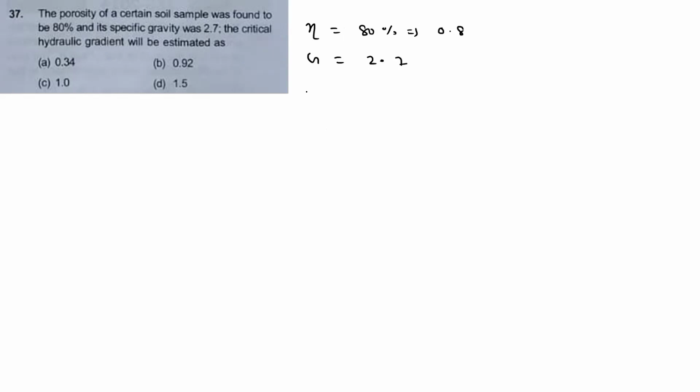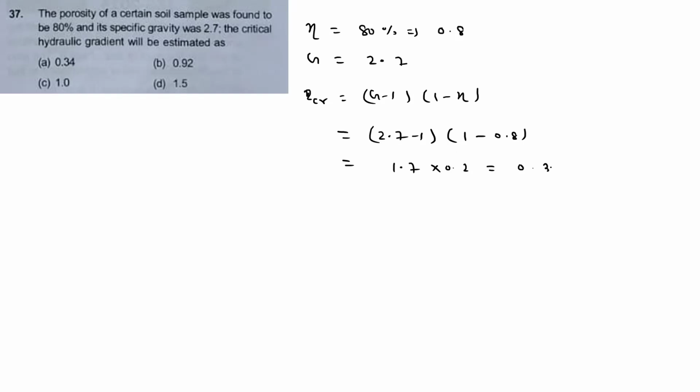So i_cr is equal to (G minus 1) into (1 minus n). So 2.7 minus 1 into 1 minus 0.8, so 1.7 into 0.2 is 0.34. So this is option A.